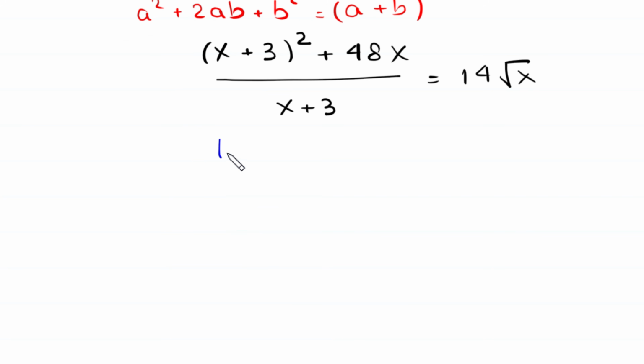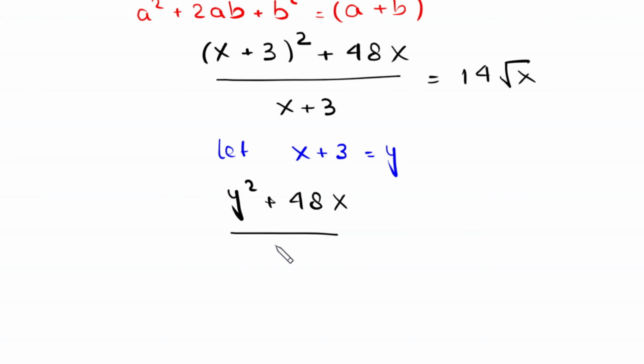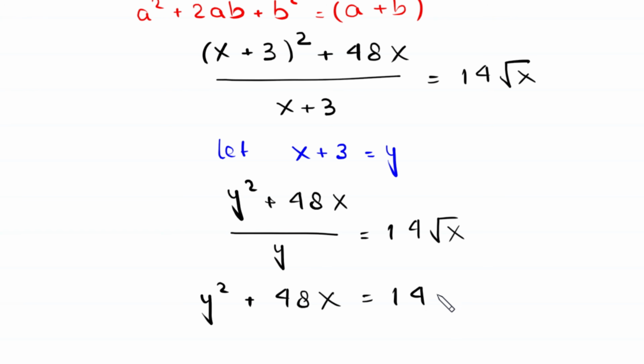We suppose that x plus 3 equal to y. So this equation will become y squared plus 48 times x divided by y equal to 14 times root x. If we multiply both sides by y, this will become y squared plus 48 times x equal to 14 times y times root x.